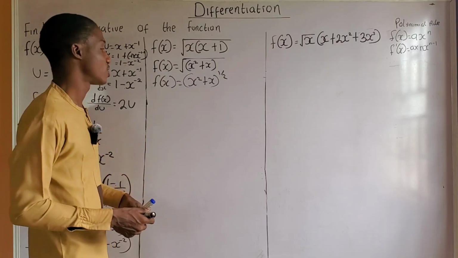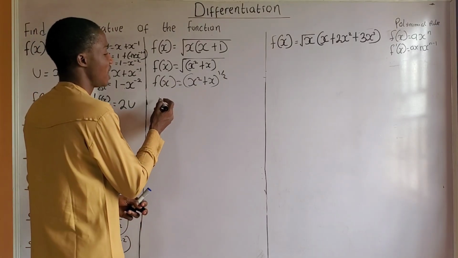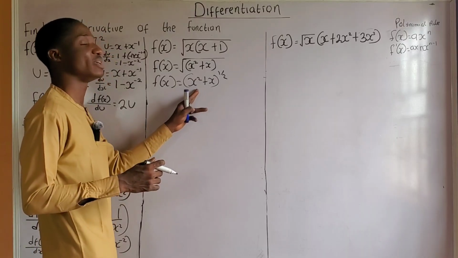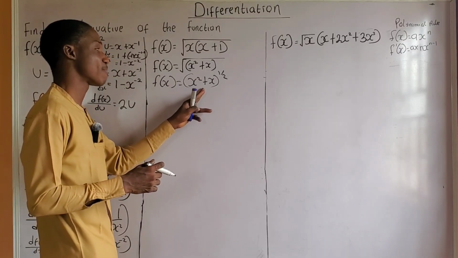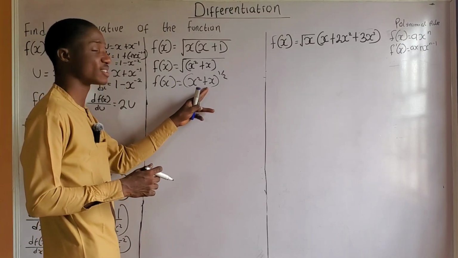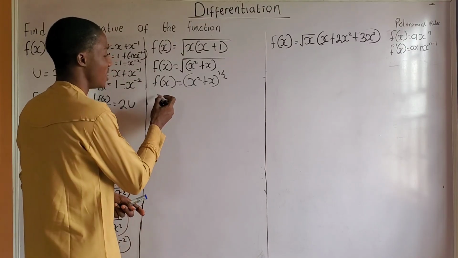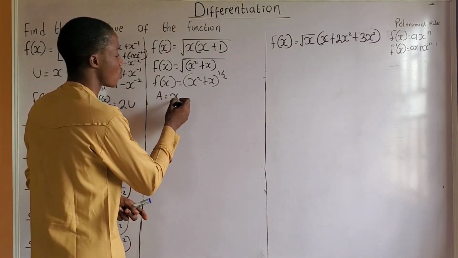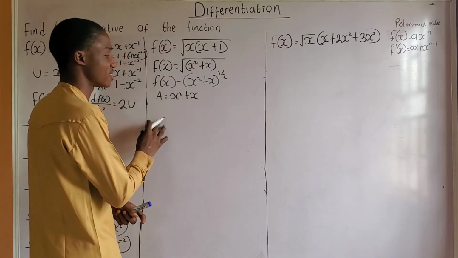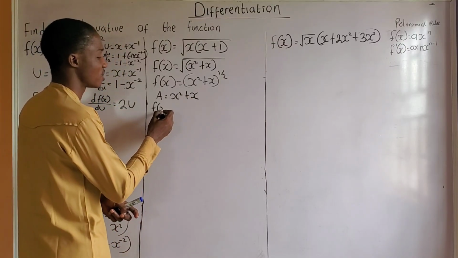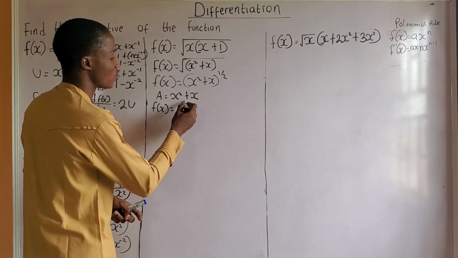Do you understand? So, according to the chain rule, let any letter equal the function that you have inside the bracket. What you have inside the bracket here, set it to be equal to any letter. Let us use a. Let a equal what? x squared plus x. Are you getting it? So f of x will be equal to a raised to the power of 1 over 2.